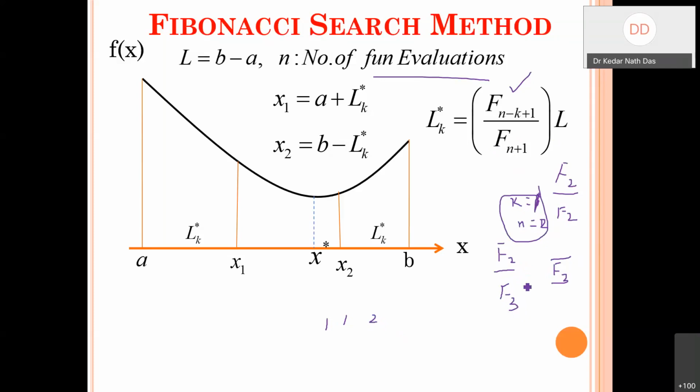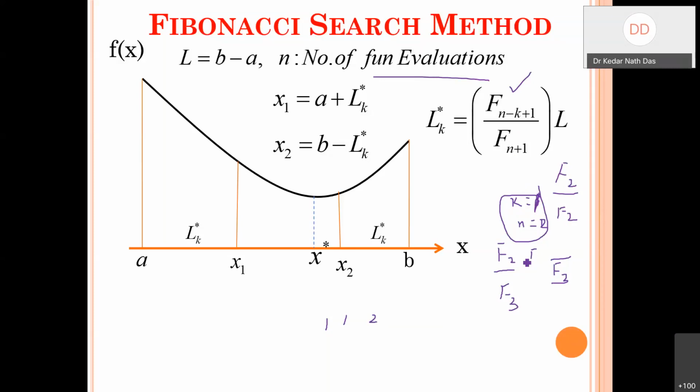Similarly, keep on doing the same exercise. If k increases to, say, 2, then I can have one more there. So F2 will be divided by, say, F4 and so on. Accordingly, the difference of these Fi's is going to be more and more, and we can have the fraction of L a bit smaller and smaller.